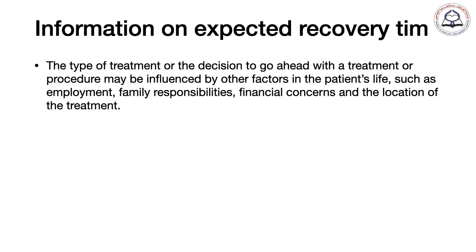The decision to go ahead with the treatment or procedure may be influenced by other factors in the patient's life, such as employment, family responsibilities, financial concern, and the location of treatment.